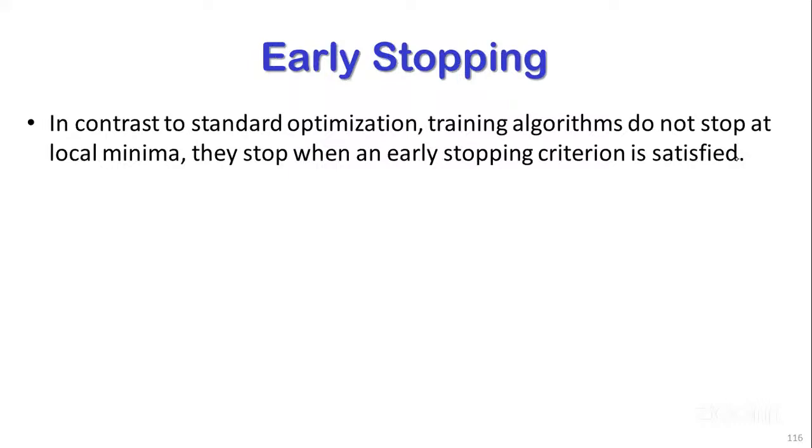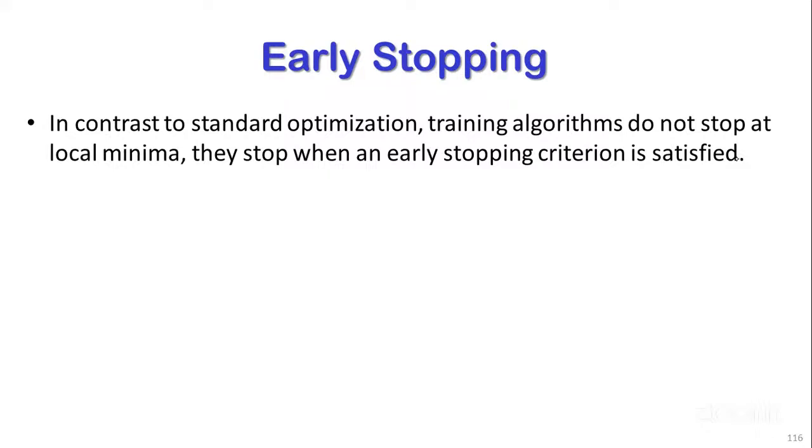Now there is another concept, early stopping. All these are buzzwords you will come across when you work with your network. So what is early stopping? We do not stop as in the traditional optimization process, where the training algorithm stops at the local minima.